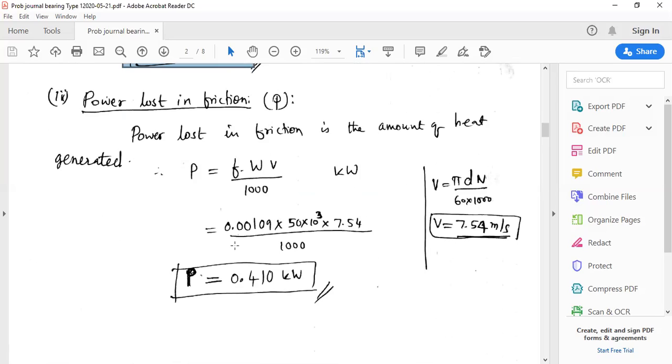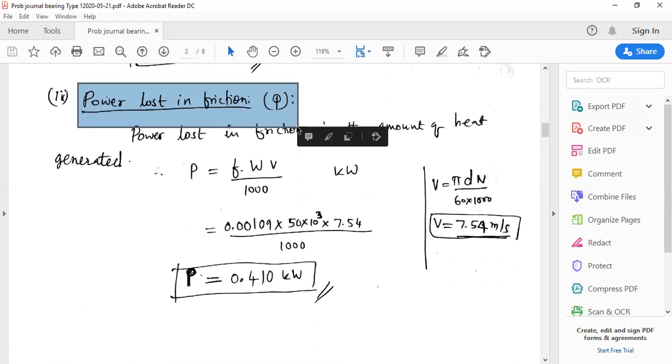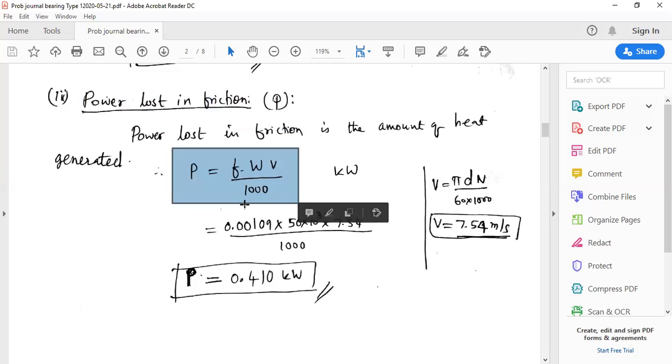The next equation that we have to use is to calculate the power lost. The power lost equation is nothing but the amount of heat generated, divided by 1000, which gives the power lost due to friction.